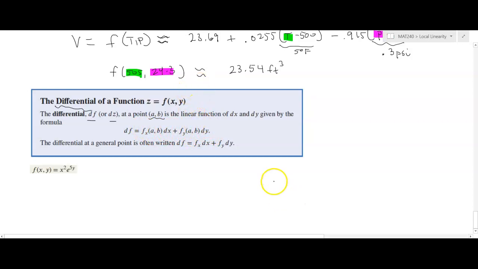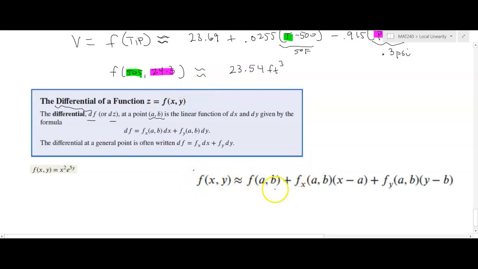Now, where on earth did this come from? Well, the good news is that if we look back at this function and we analyze this a little bit more, we can see that these two are actually related. Let's see how. So we've already described that this right here represents the change in x, and that this right here represents the change in y.